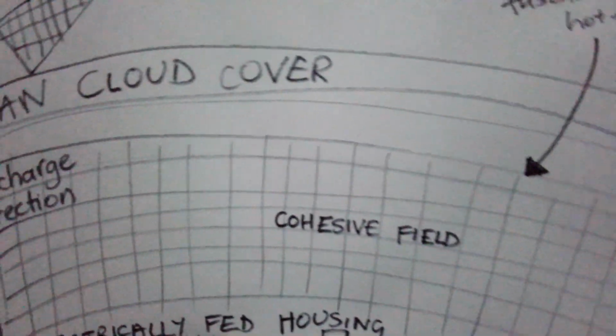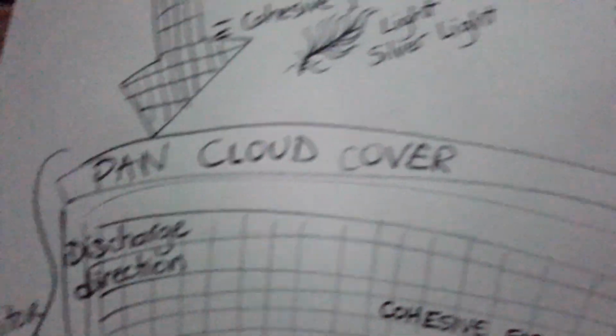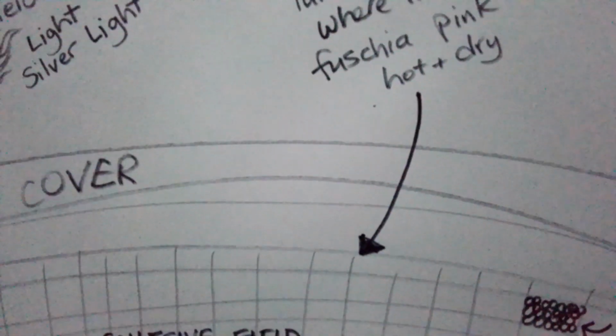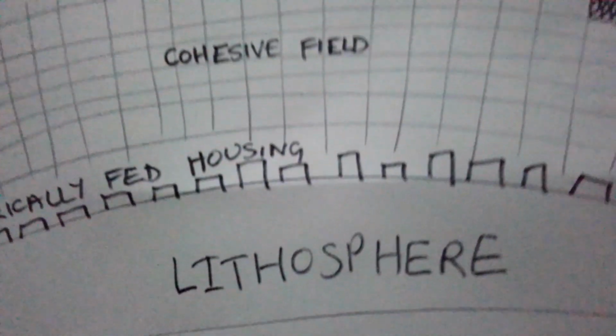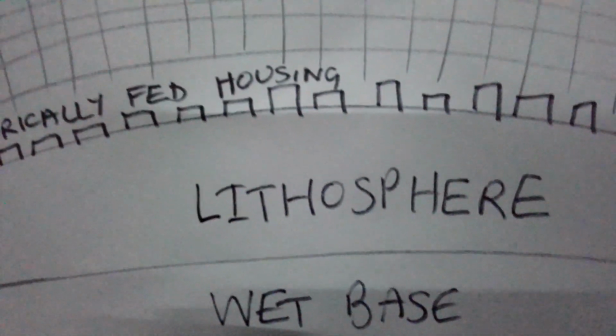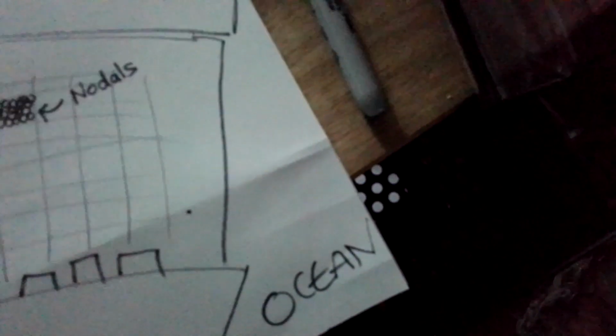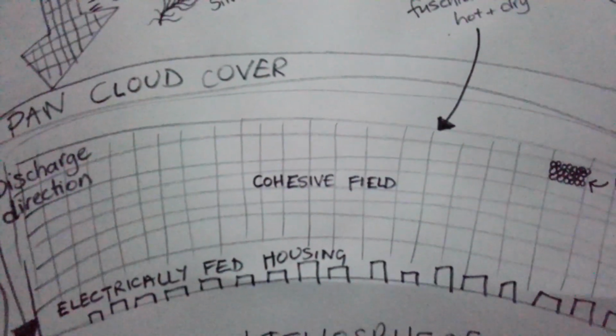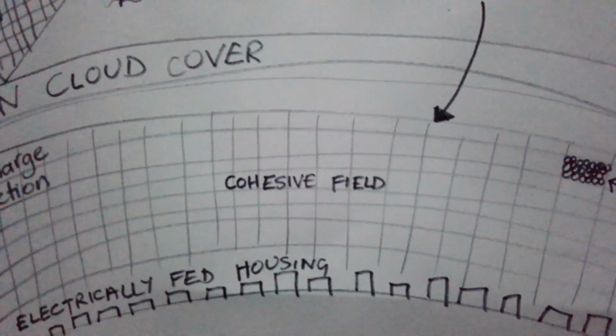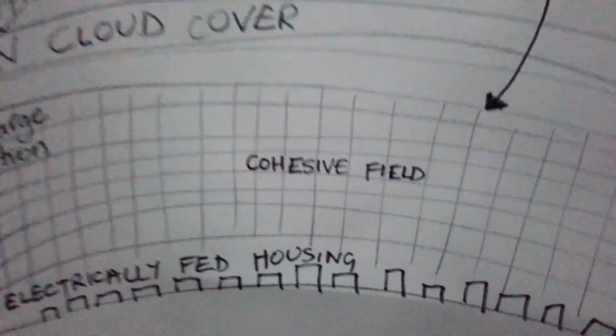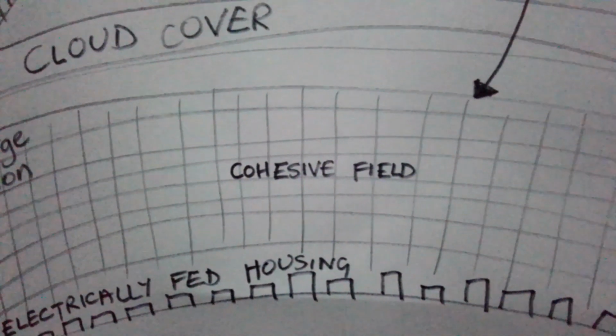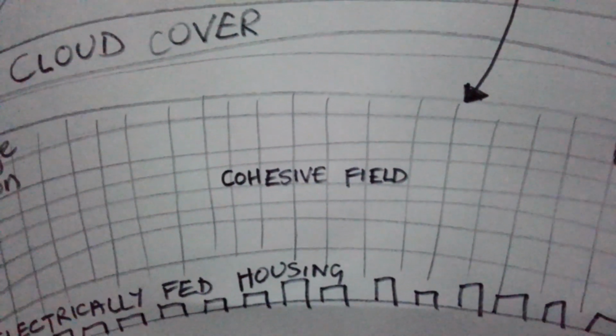But in a capacitor like this, you've got a flat electronic cloud, and then you've got your lithosphere, and you've got sea, and you've got ocean. But obviously the capacitor is going to be powerful over the electrically fed housing where you've got the cohesive field. Alright?